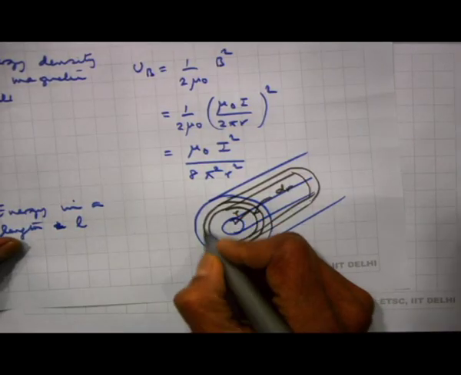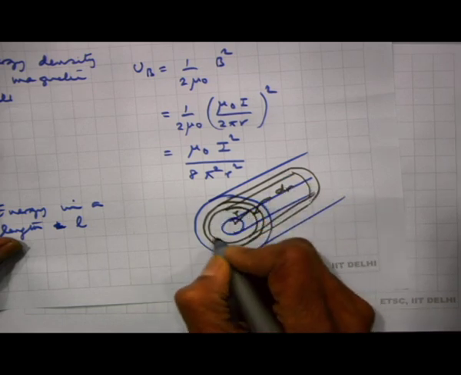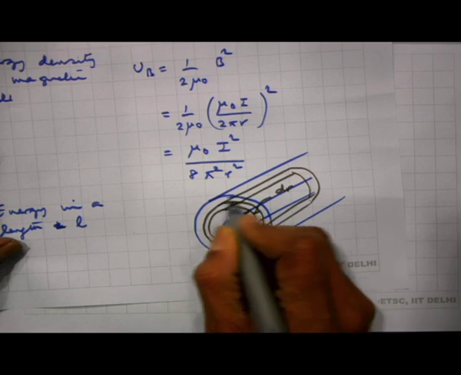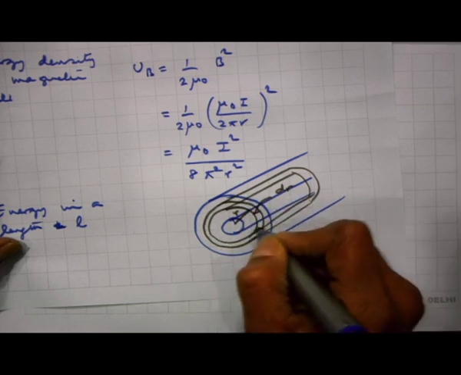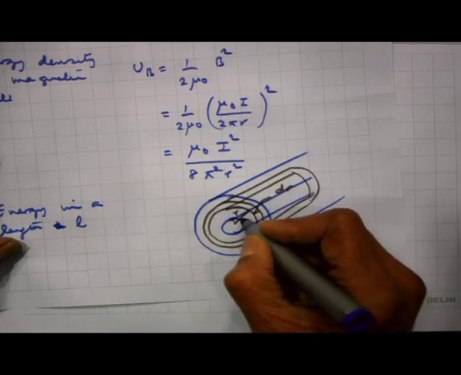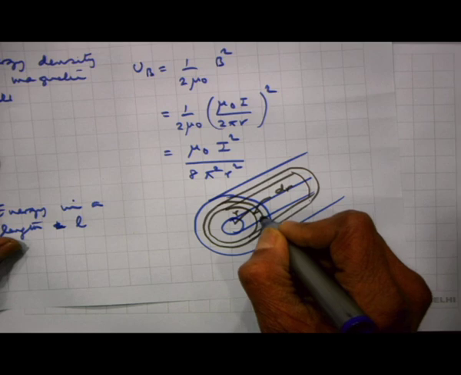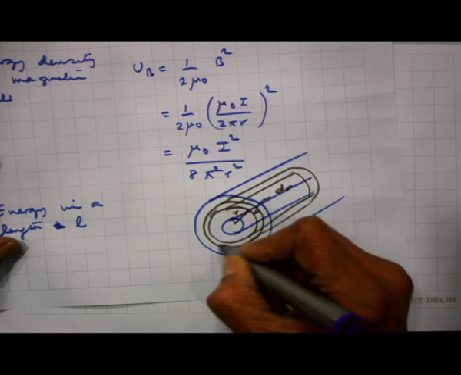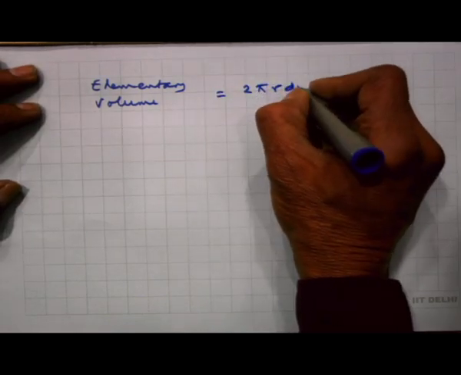Area of this is circumference of this multiplied by the thickness, 2 pi r dr, that is the area, multiplied by the length of the cylinder gives me the volume of this thin cylinder. So, r is the radius of the inner circle, dr is the thickness of this. So, 2 pi r dr is the area of this, multiplied by the length is the volume. So, that elementary volume is equal to 2 pi r dr into L.